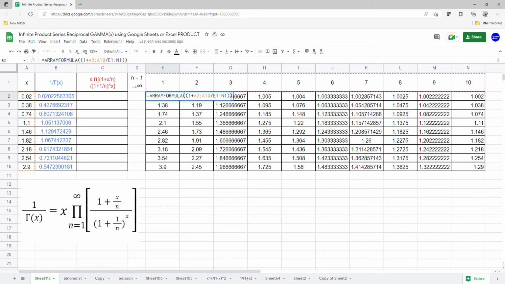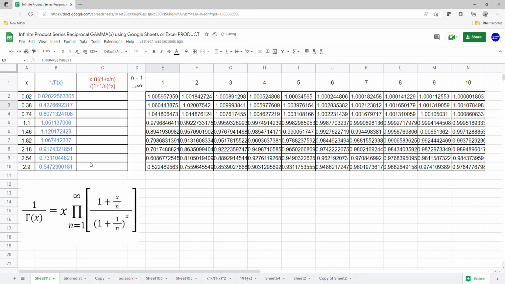So this is divided by 1 plus, second part is 1 over n, so (1 over n) raised to the power x, another. Now we complete with the infinite product.